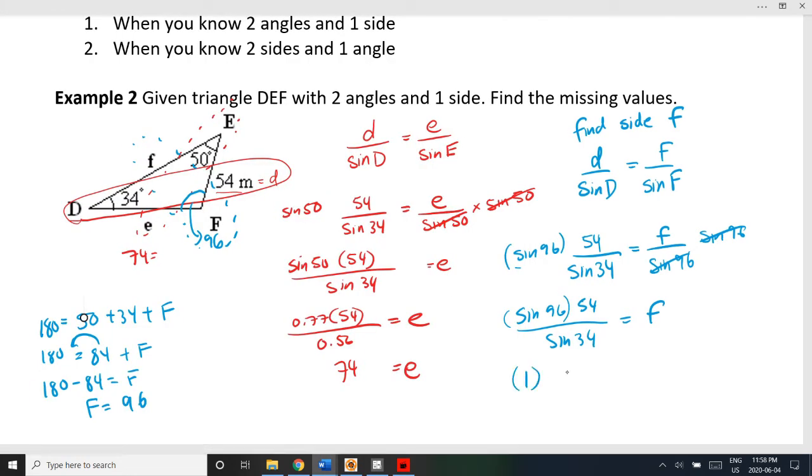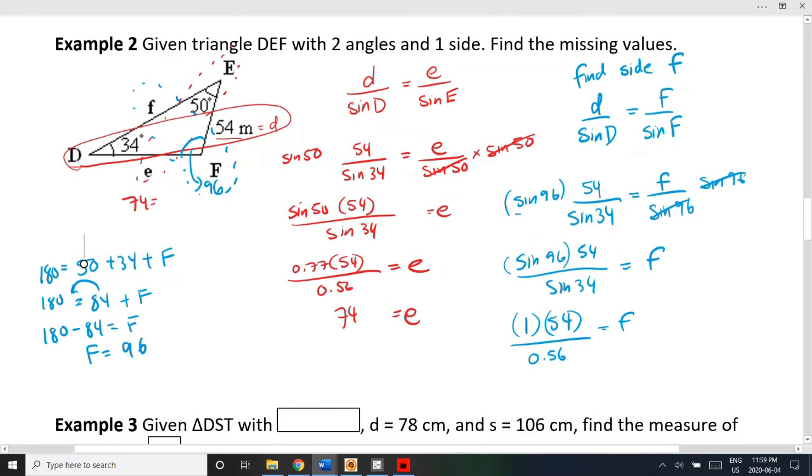0.99, we can say that's 1, times 54 divided by sine 34, and we actually found out what that was, 0.56, from what we did earlier, is equal to F, and let's just multiply these and figure out what this is.